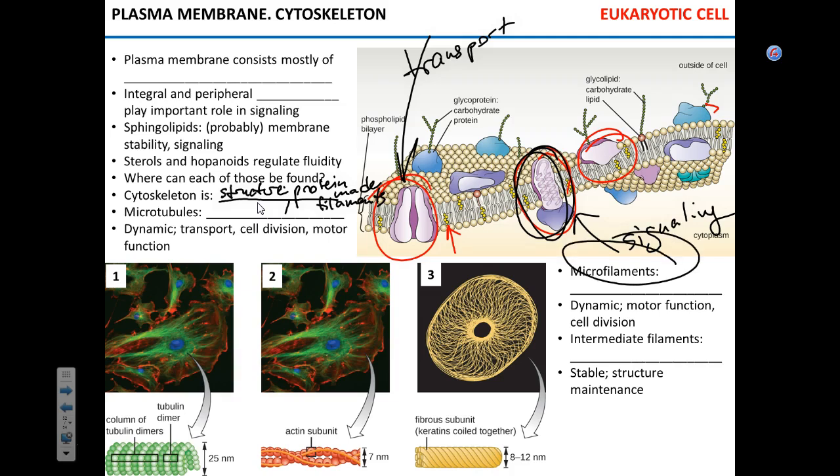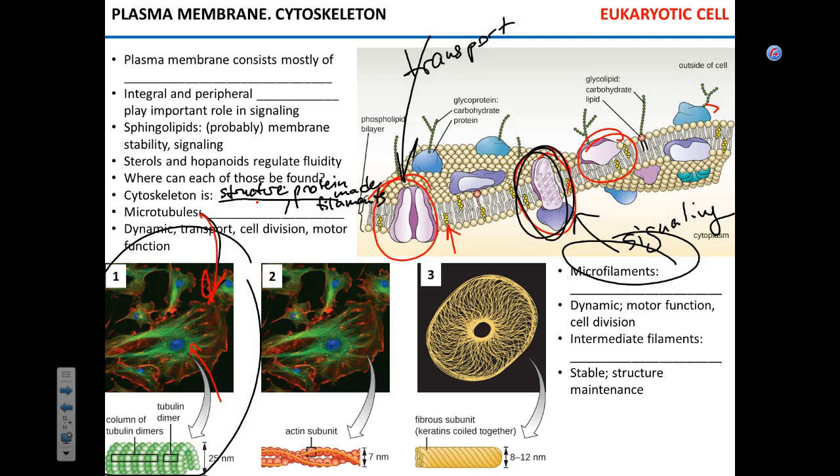Microfilaments. So that's the picture of the microtubules. You can see the green staining of the microtubules here. Does that make sense?